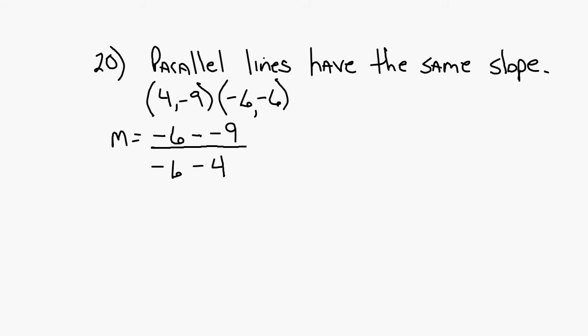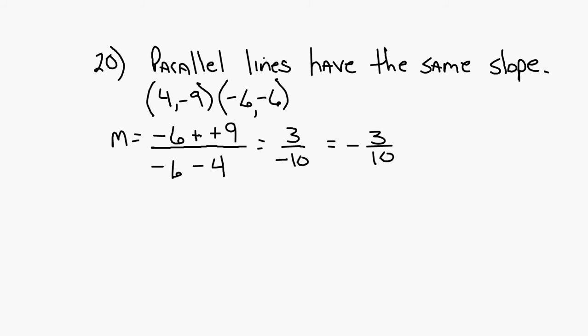This is the slope of the first line. So look, negative 6 minus negative 9, you change and change. So negative 6 plus 9 is 3. Negative 6 minus 4 is negative 10. So the slope of this line is negative 3 over 10.